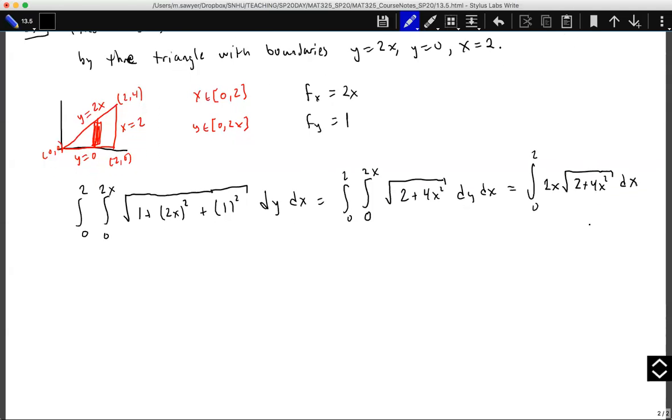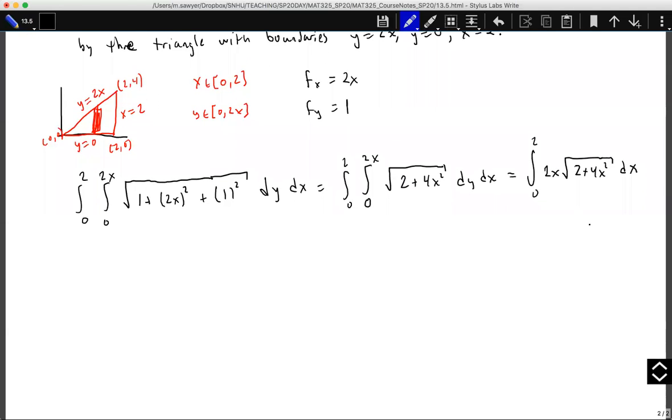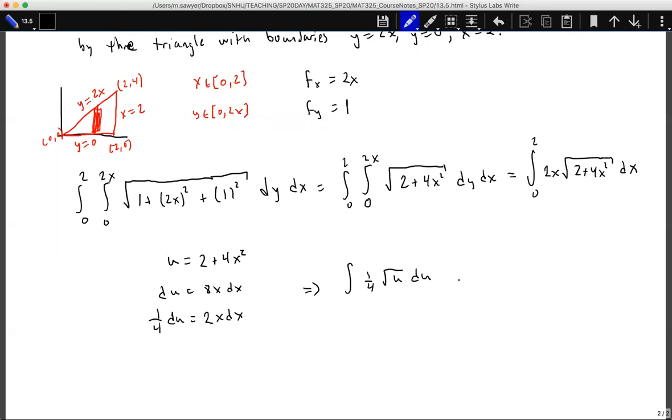This is a nice u substitution problem because if we let u equal 2 plus 4x squared, du is equal to 8x dx. So 1/4 du is equal to 2x dx. Then we have the integral of 1/4 square root of u du as our transformation here.